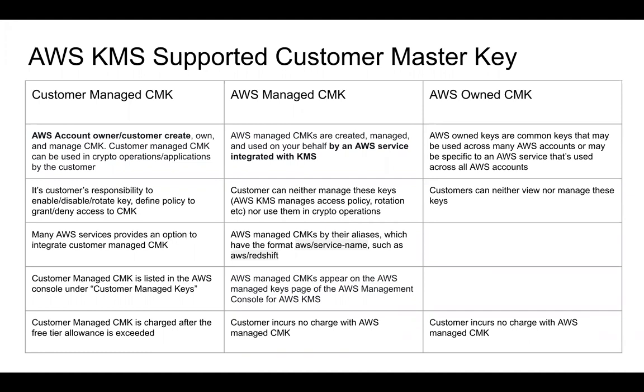But compare that with the AWS managed key. Those CMKs are created and managed by AWS on behalf of some service that you use. For example, maybe you're working on an S3 bucket and some very sensitive information is going to go into that S3 bucket.